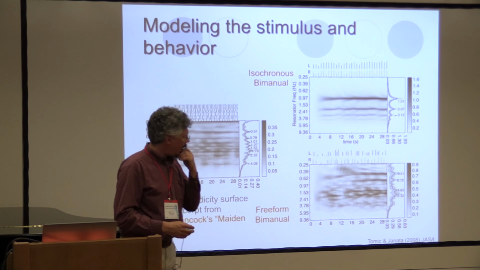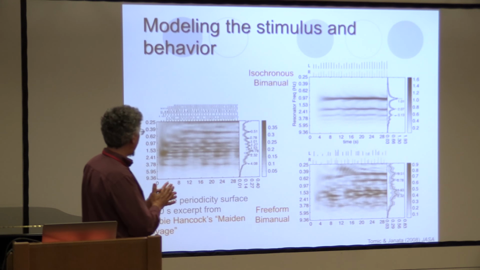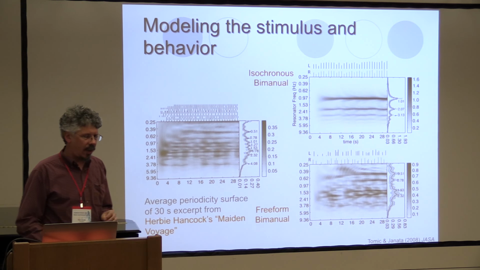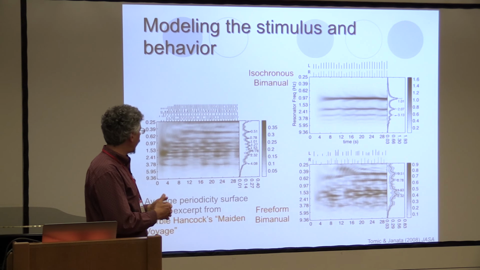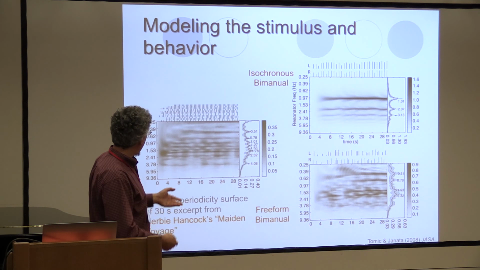So then we wanted to model the behavior that people were generating in a little bit more detail. And so what we used is an oscillator model, a linear oscillator model that I'll mention a couple of times during the talk today.